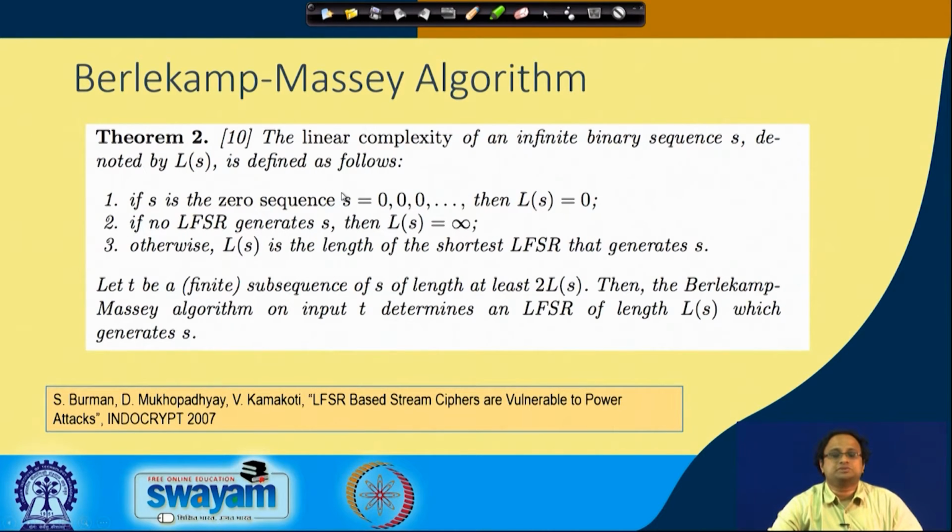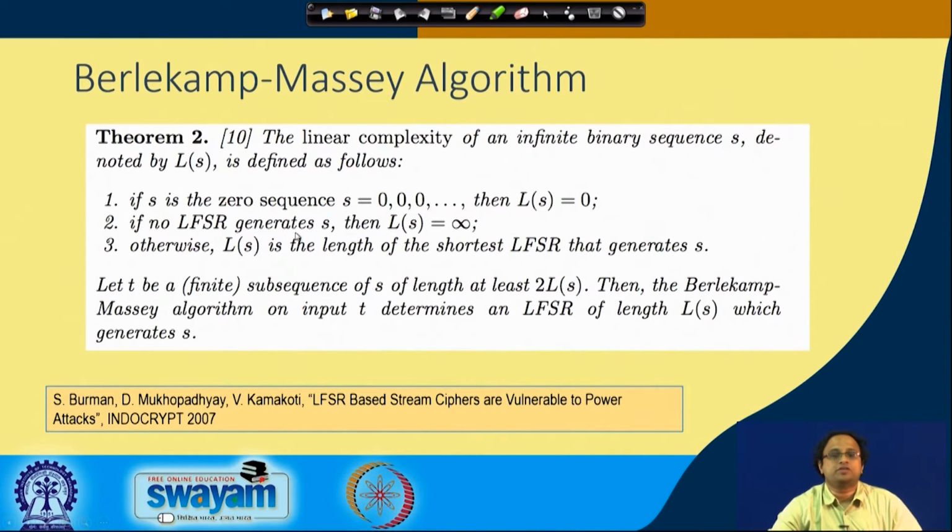The algorithm defines something called the linear complexity of an infinite binary sequence, denoted by LS and defined as follows. If S is a 0 sequence, something like S equal to 0 0 0 and so on, then we define LS to be 0.